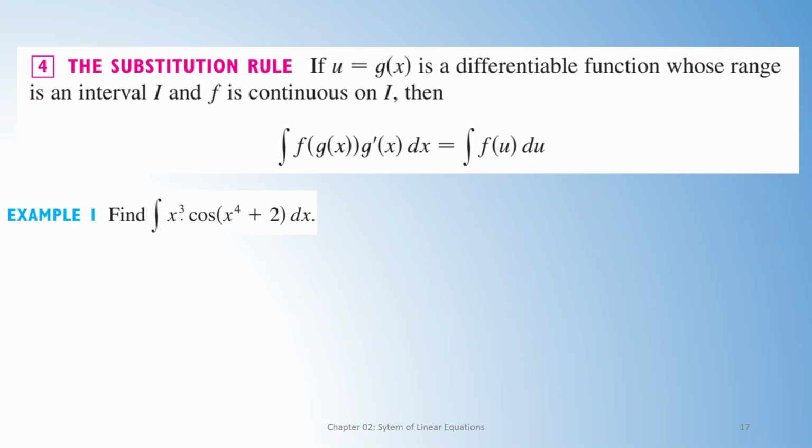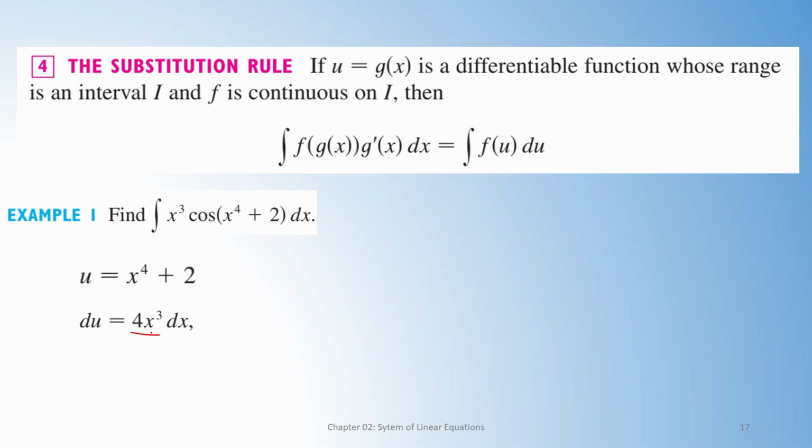For example, suppose we have the integration of x cubed cos of x to the power 4 plus 2 dx. So in this case, you take the inside of the cos function, which is x to the power 4 plus 2. Therefore we replace u is equal to x to the power 4 plus 2, then du, you differentiate both sides with respect to x. So differentiation of u is du, differentiation of x to the power 4 is 4x cubed, and differentiation of x is dx.